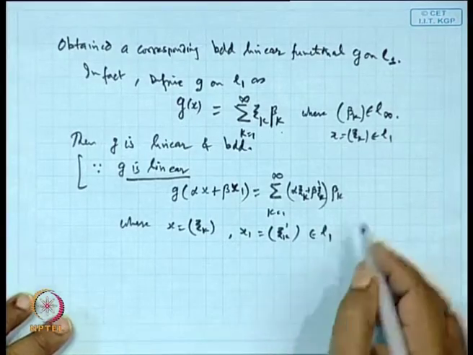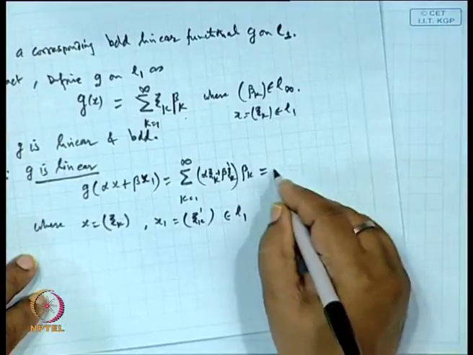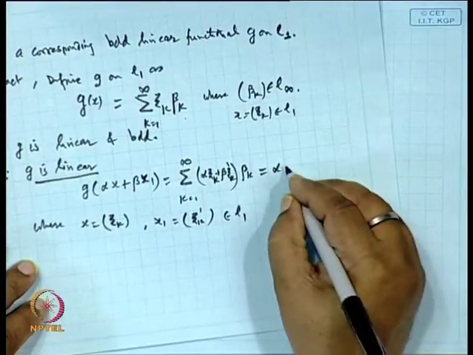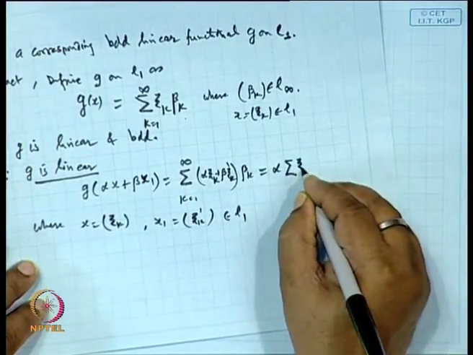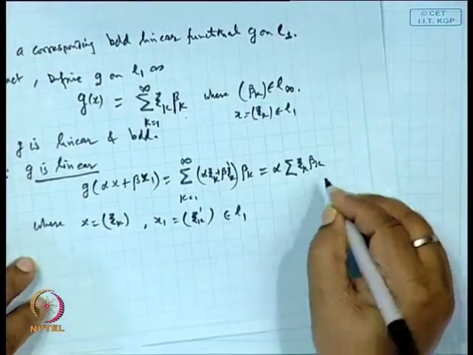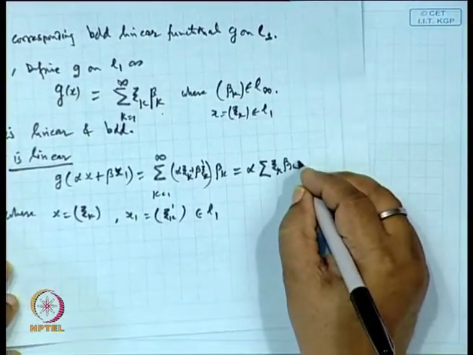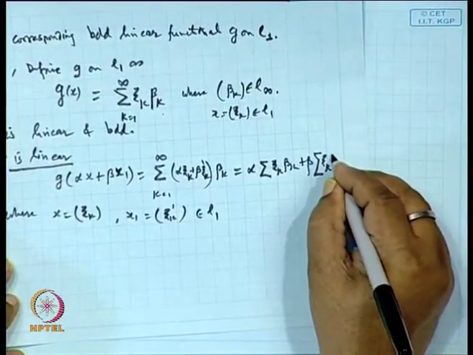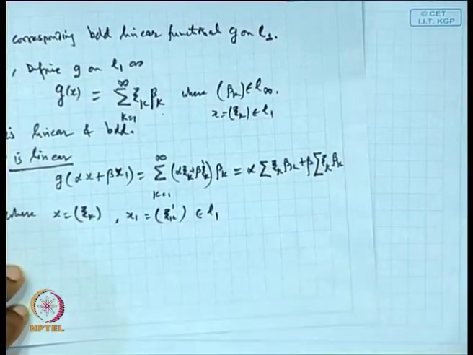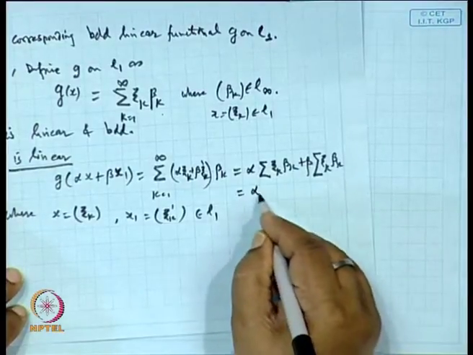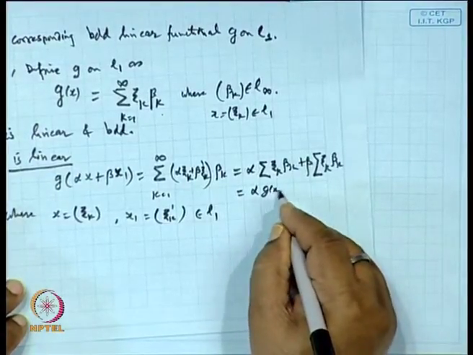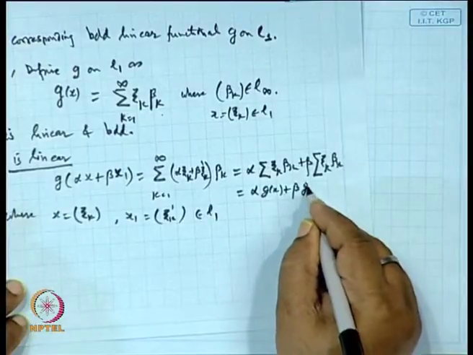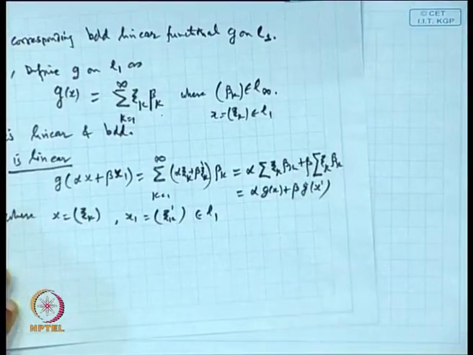So, this can be written as alpha into sigma xi k beta k plus beta sigma xi k dash beta k, and that is equal to alpha into G x plus beta into G x 1.